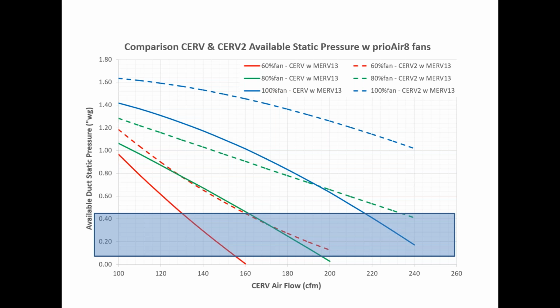So the smaller one is typical for houses that are 1,000 to 1,200 square feet or less, or where you may be ducting it to a central air handler and you don't really need the static pressure capability. And then the larger fan, the 8EC model, can go up to a 3,000 to 4,000 square foot home. Both have a nominal airflow range of 100 to 300 CFM.